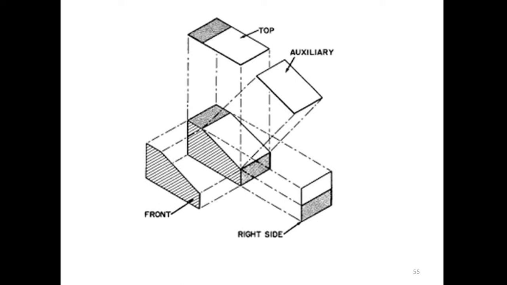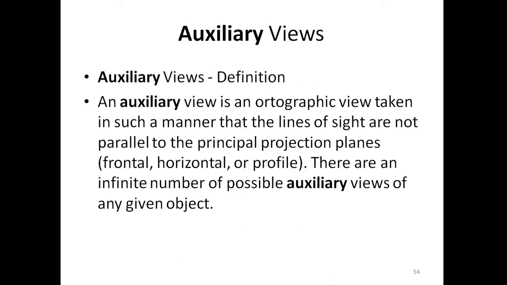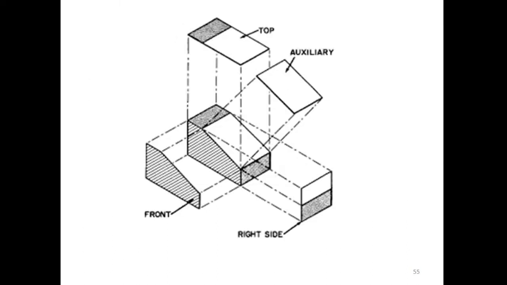From the figure it is clear, going back to the definition, that an auxiliary view is simply an orthographic view as shown in this isometric view, like the front view, right hand side view and top view.